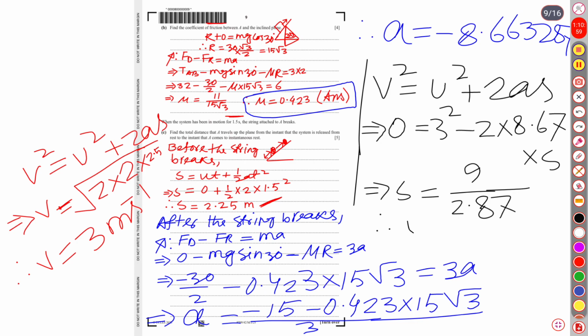Hence our displacement after the string breaks is 9 divided by 2 into 2 into 8.67, and finally it is going to be 0.519.